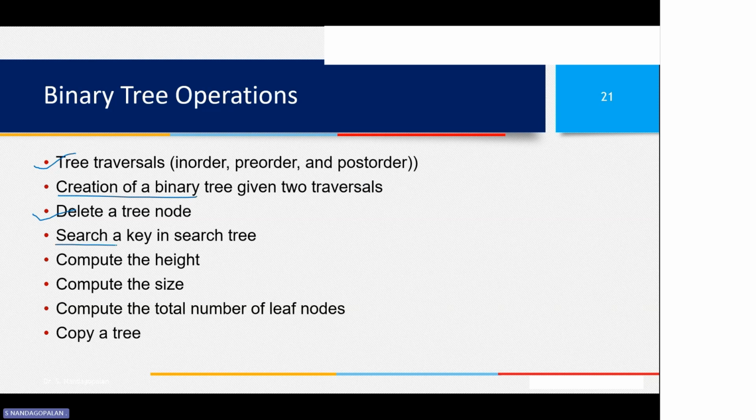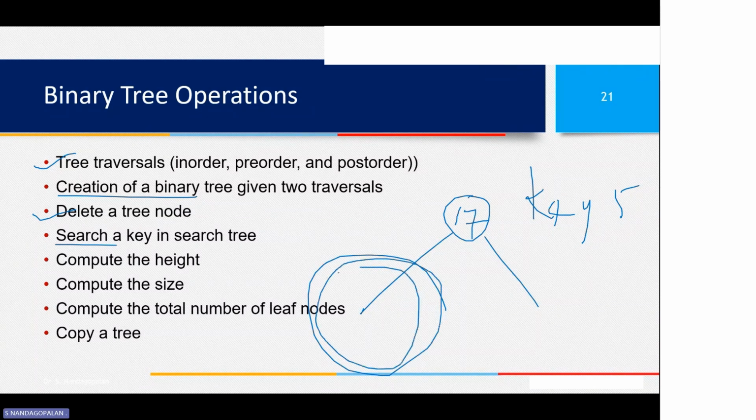Then search. How do you search? You can write a simple algorithm given a key, because when it is a general binary tree, that means you completely go through the tree, something like a linear search. It's not like binary search. Supposing my key is 5, I know that my key is in this portion because it's ordered.